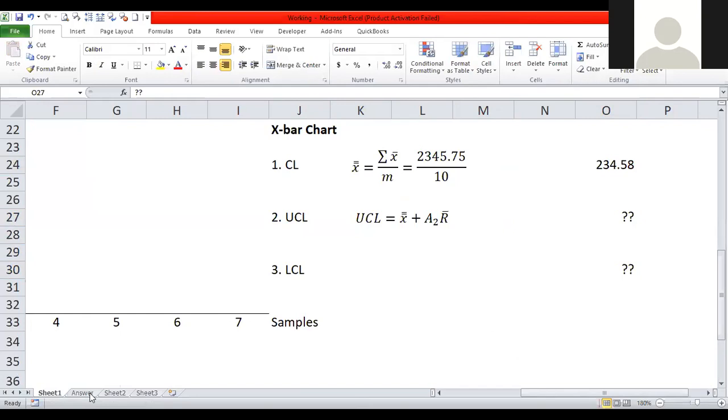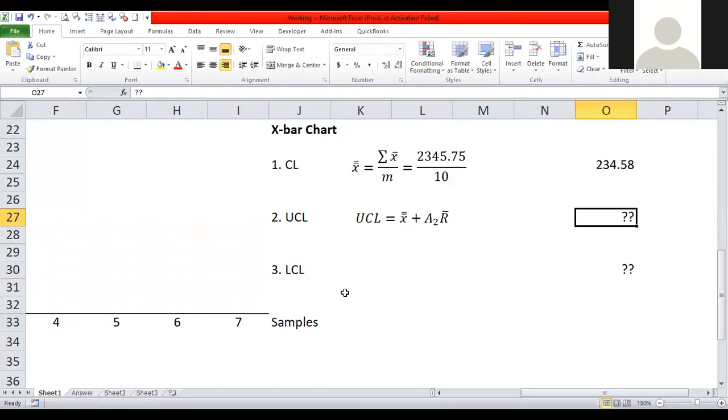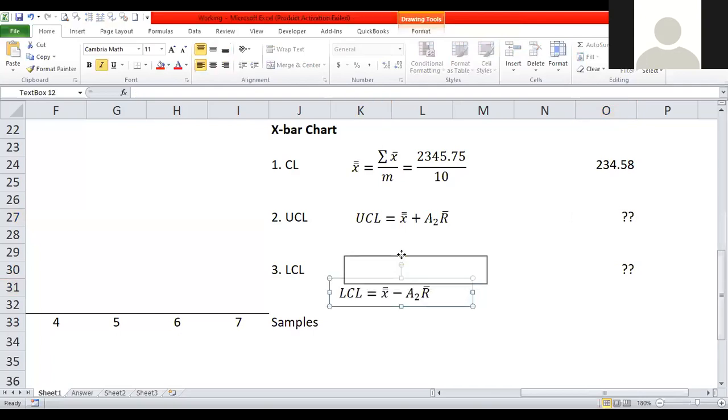And the lower control limit also, I will give you the formula. This is the formula.